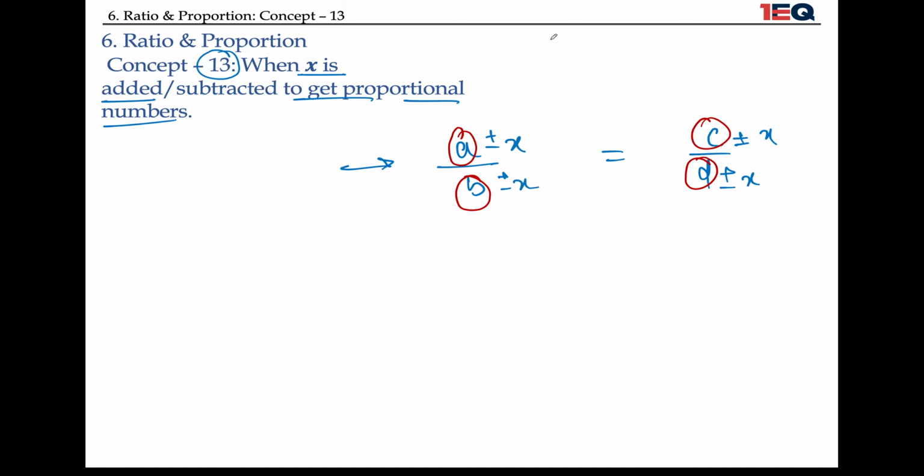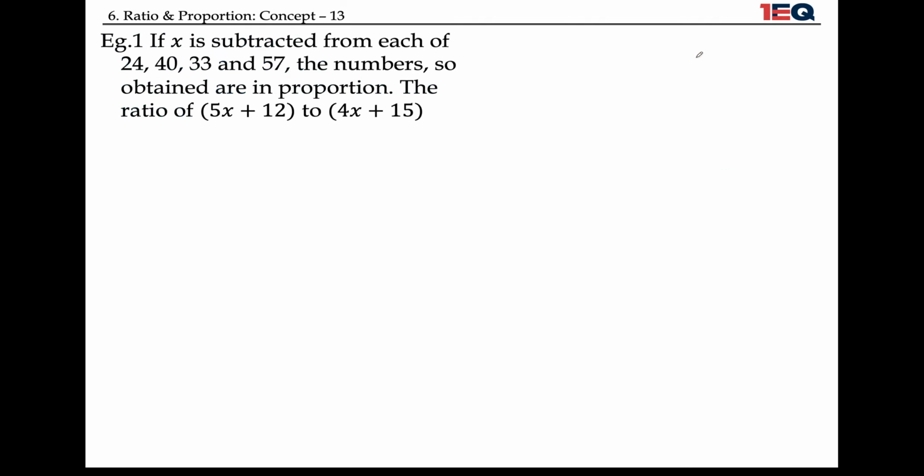When I say that, let's say 1 by 2 is equal to 2 by 5. If a 2 is added here, I won't be able to make a question out of it right off the bat, but I'll take you to the question directly.